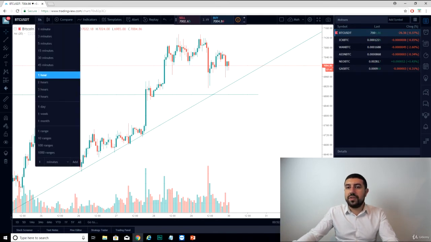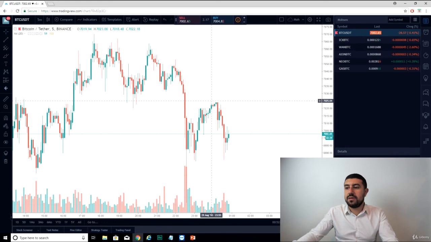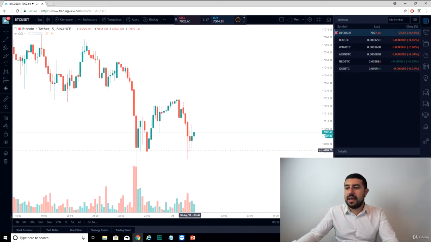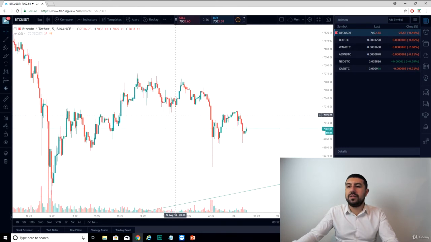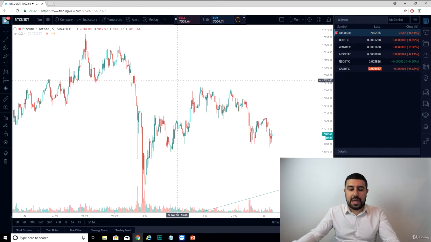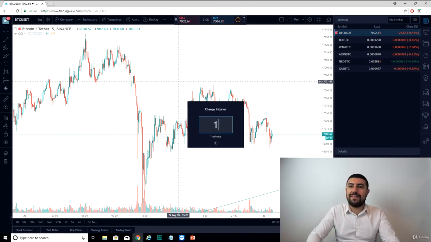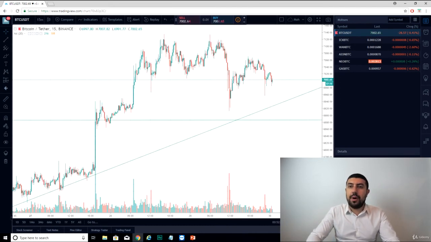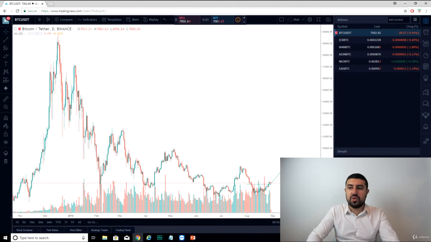So each hour represents a candle. I can do it differently. I can say I want 5-minute candles. Now I have candles at midnight 40, midnight 45, midnight 50, so each 5 minutes is a candle. It depends what time frame you're trading. If you're short-term trading, I have traders who look at 5 minutes and 15 minutes, but if you're doing swing or longer term, you look at the daily chart, so 1 day.